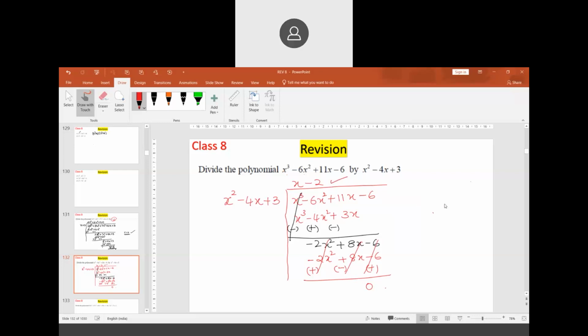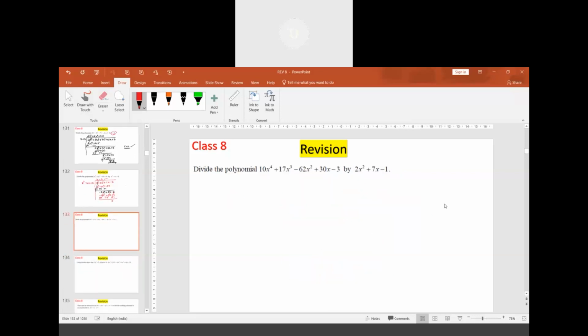Is there anyone who got a different answer than x minus 2? No, sir. Very good. Now the difficulty level is increased further. There is x to the power 4. It's a biquadratic expression. Let's see whether you get the right answer. This is quadratic, this is biquadratic.